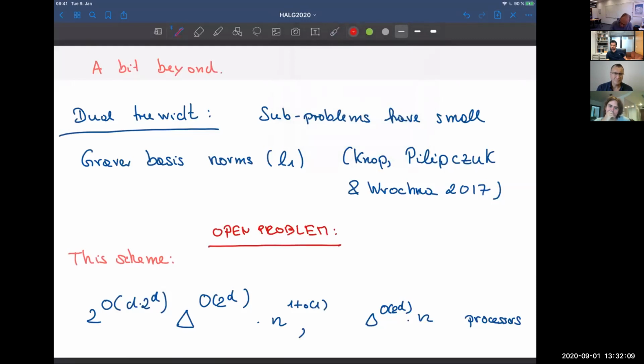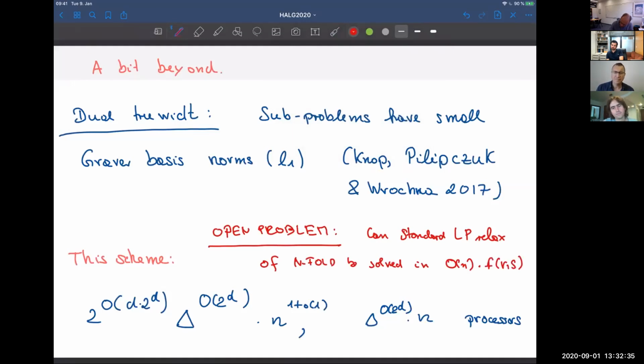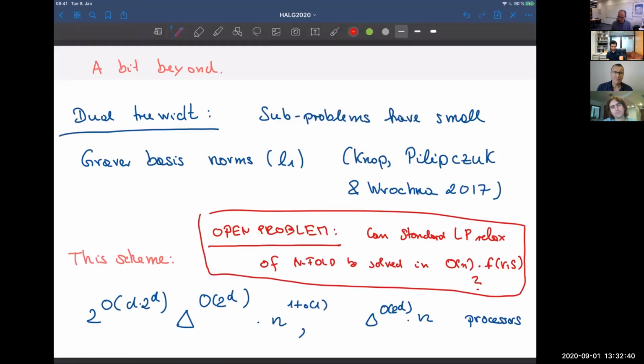Can the standard LP relaxation of n-fold be solved in O of n without any logarithmic factors, times a parameter? Okay, so we still have some logarithmic factors, but I think this shouldn't be there. And this is a tantalizing open problem.